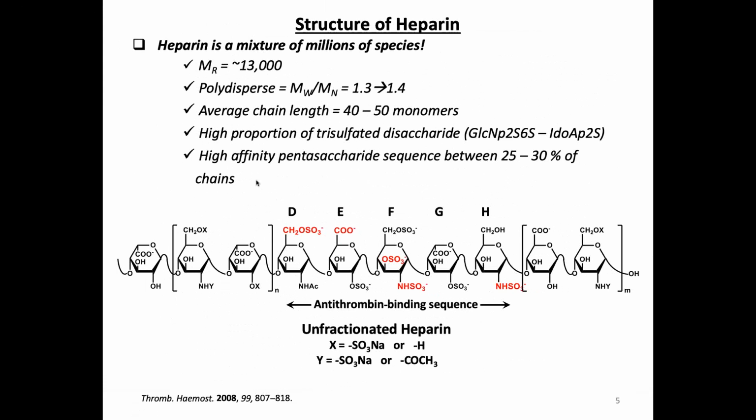Even today, we still don't have technology to say that this is the structure of heparin. What is shown here is an average representation of a sample of heparin. So although we typically say this is the structure of heparin, that's really not true at all.